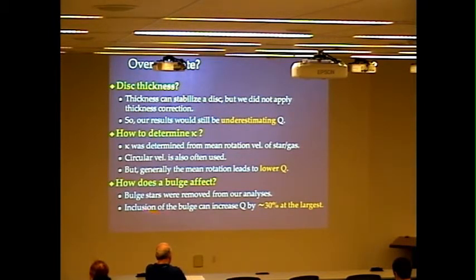And next, I removed the background, so I have to discuss how the background affects it. But I found that including or excluding the background only affects Q by a factor of 30% or something like that. So this cannot be the reason for the much higher Q.